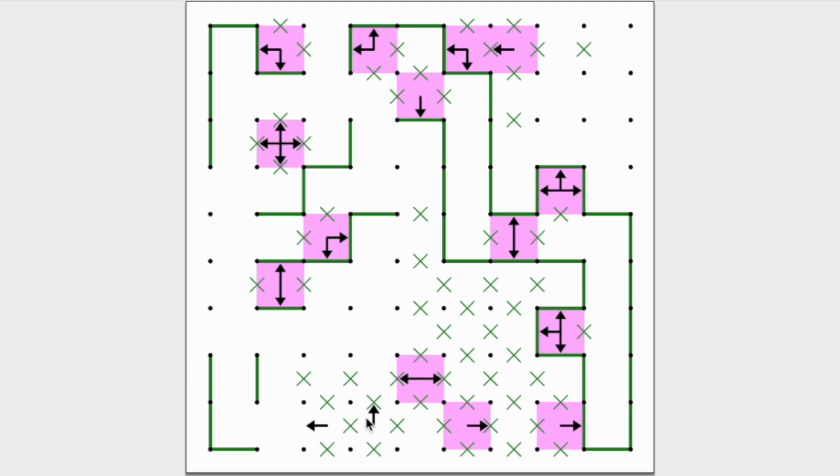This clue, what do we know about it? We've got something closer in this direction than in these directions. The closest this can be is 1 cell away. The absolute closest. Which means in these two directions we've got to be at least 2 away. So it's not this one.